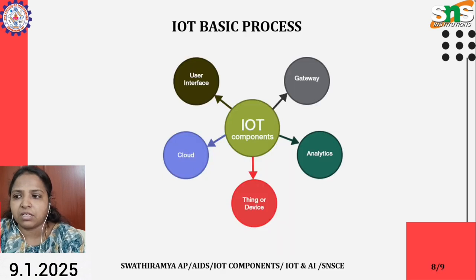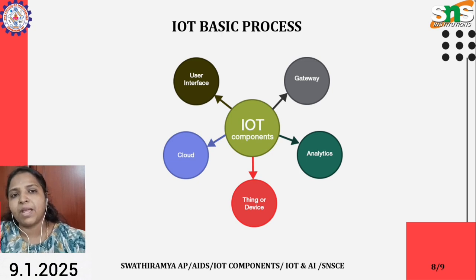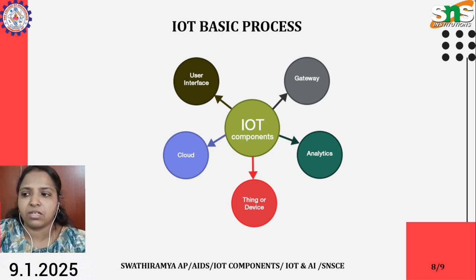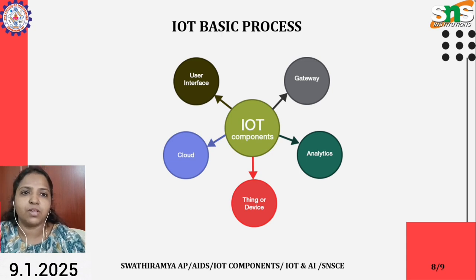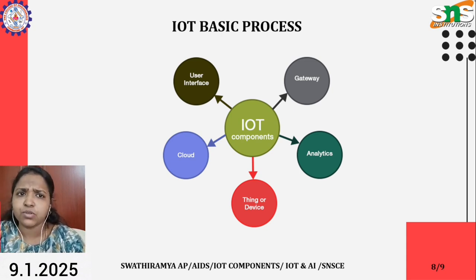So that is data analytics. You collected the data, transferred it with the help of the network component, and put it in the cloud. You process the data with the cloud computing component, and you make predictions and take decisions with the help of the data analytics component. Finally comes the user interface. The user needs to know all those things.